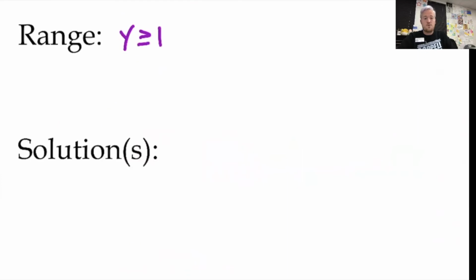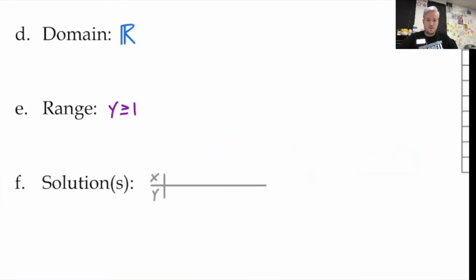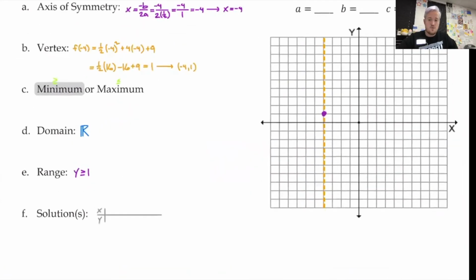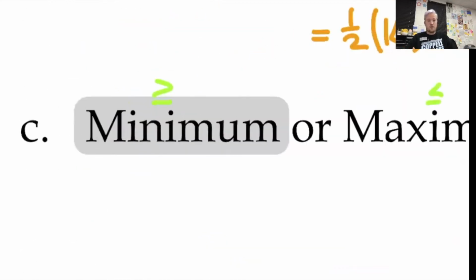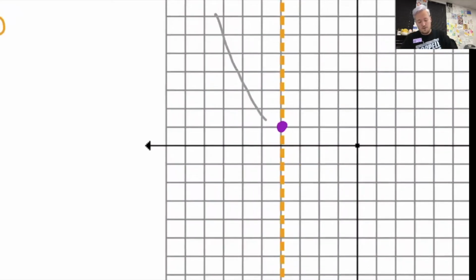All right, so I'm going to do my horizontal table. Or actually, hold on, pause here. Just some logic I want everyone to be aware of. Think of what this graph is going to look like before we even do the solutions. We know we're going to have a minimum, and we know it's going to face up.